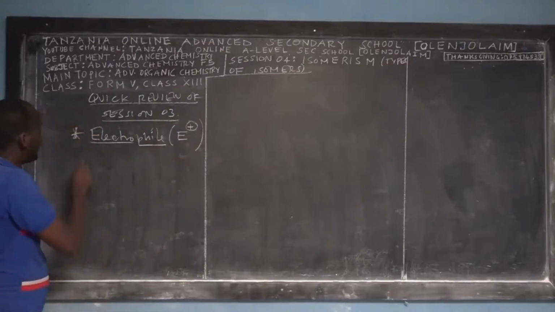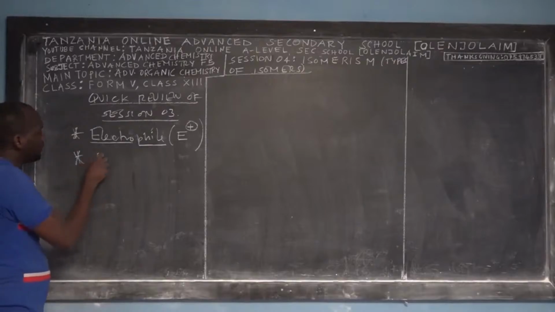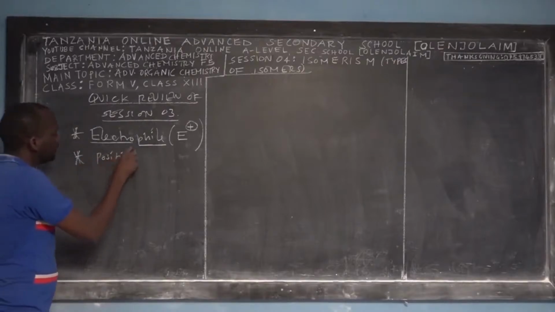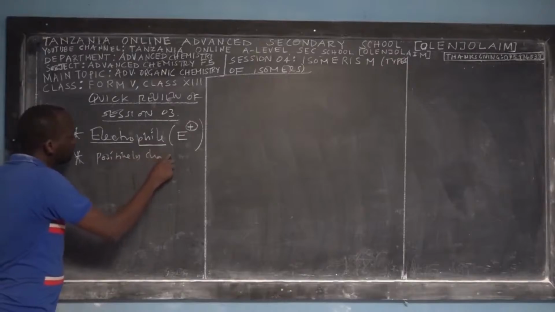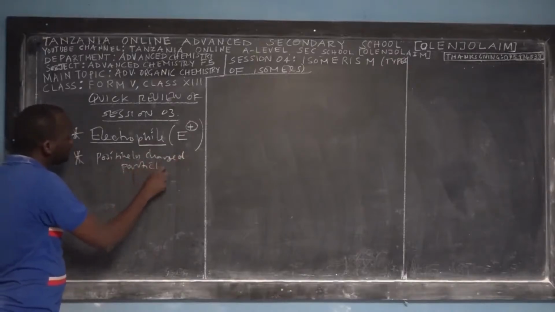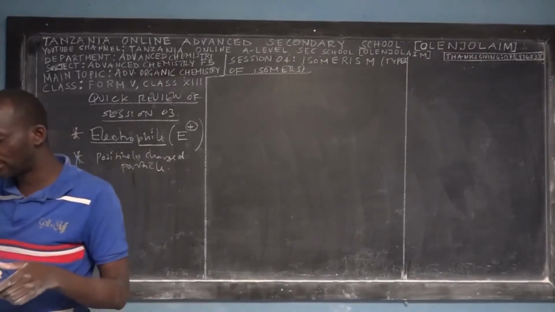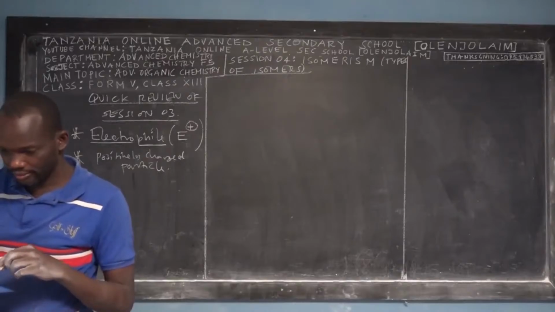Again, we say that we have two types of electrophile. You can have an electrophile that is a positively charged particle, and there are different positively charged particles.